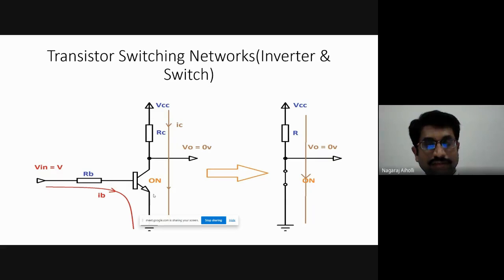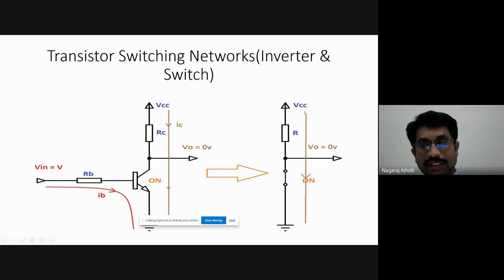We have seen this in various biasing circuits that we have already studied till now. So the collector to emitter terminal is just like a short circuit that I have shown in the second figure here, so it acts like a closed switch now. It is a closed path here.